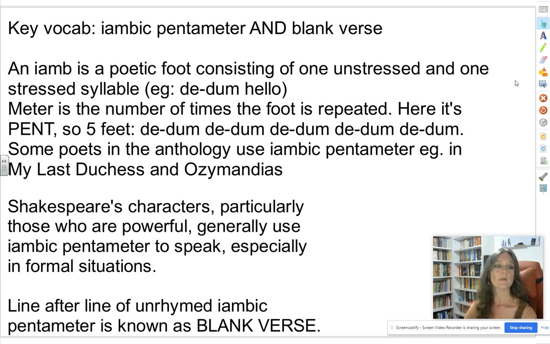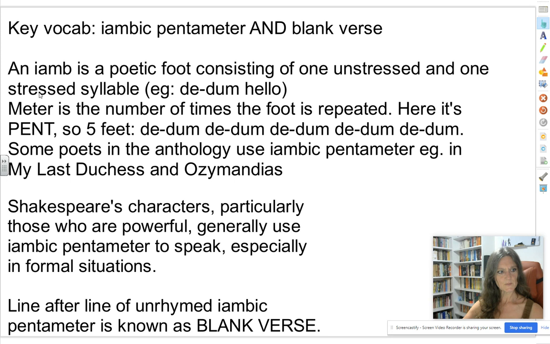And iamb is known as a poetic foot, and it consists of one unstressed followed by a stressed syllable. So the man before, on the previous picture, said da-dum. I always say di-dum. The word hello is an iamb, so no stress on the h, but then the stress goes on to lo, hello.